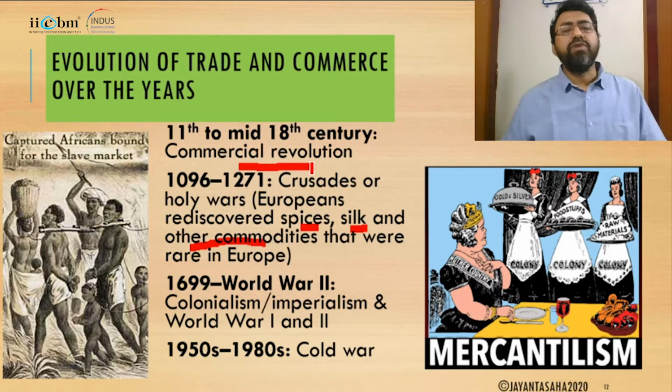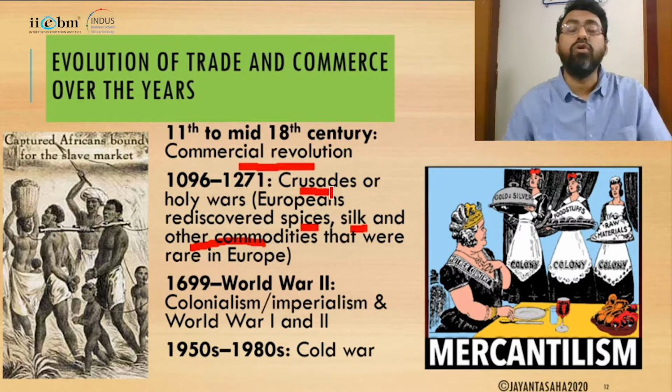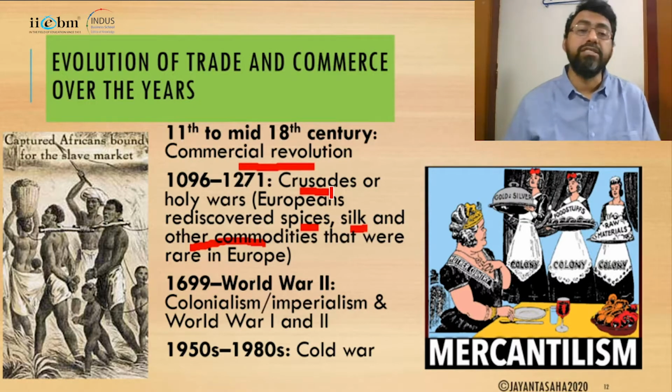In fact, specifically, if you look at between 1096 and 1271, we have seen earlier that the settled agriculture phase has also basically given rise to the growth of empires and the growth of organized religions.